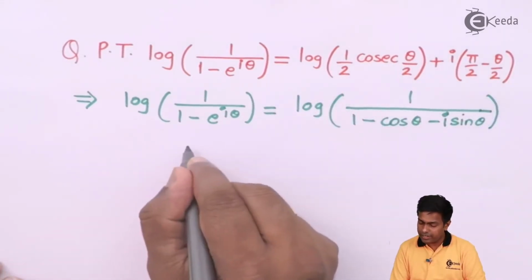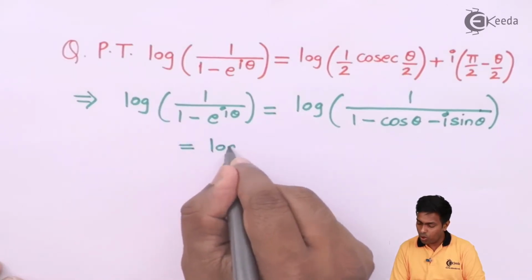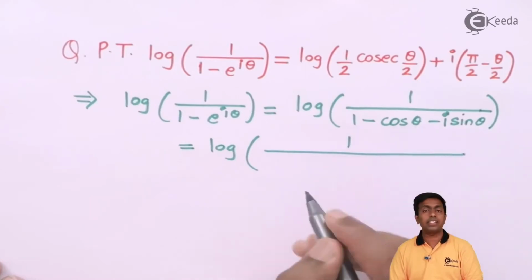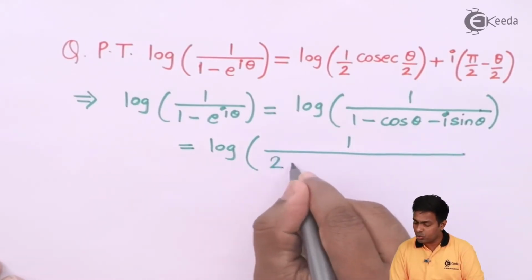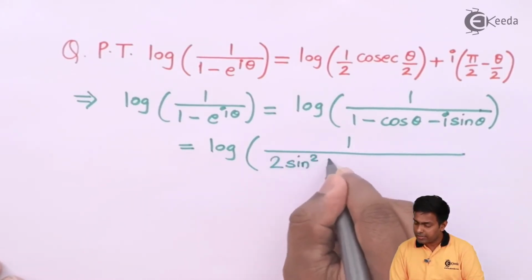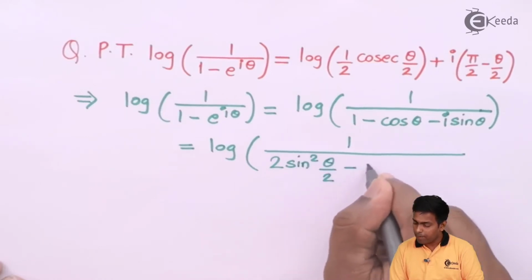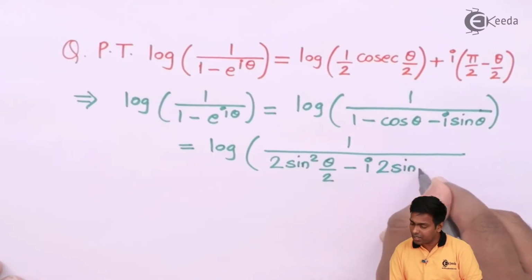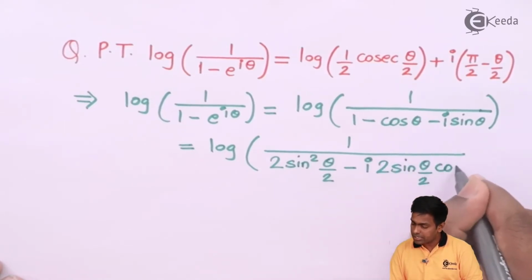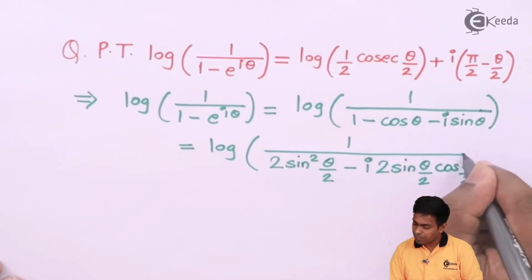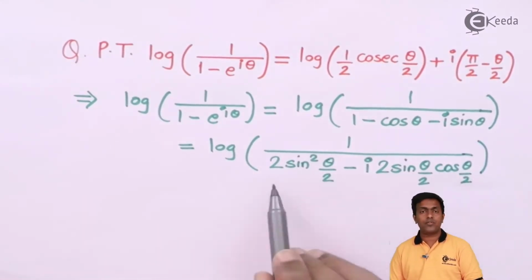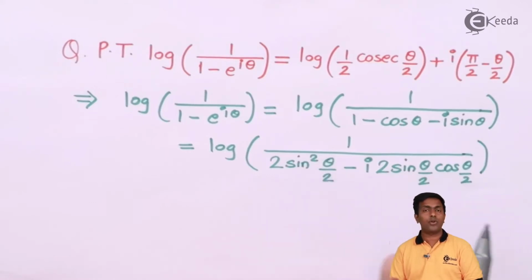So here we will get log of 1 upon, now 1 minus cos theta is 2 sin square theta by 2, minus I sin theta is 2 sin theta by 2 into cos theta by 2. Now guys, from these two terms we can take 2 sin theta by 2 common.